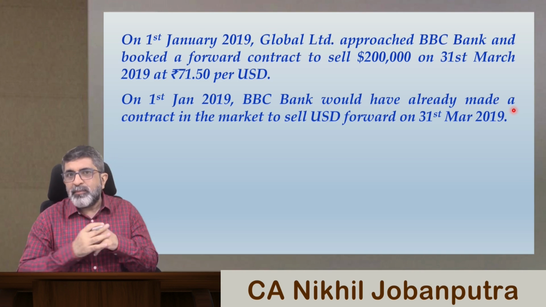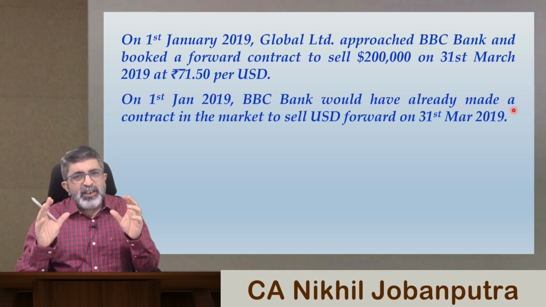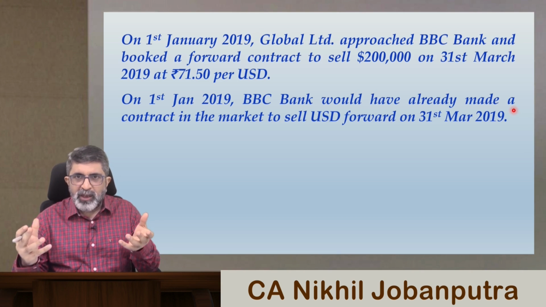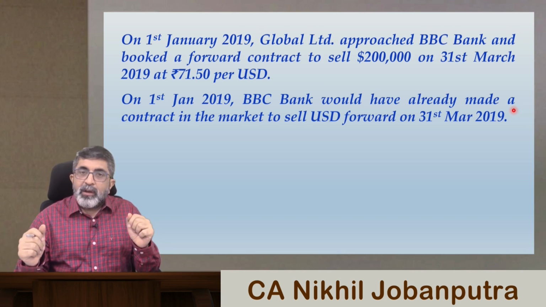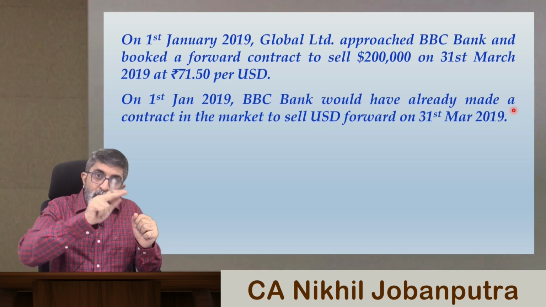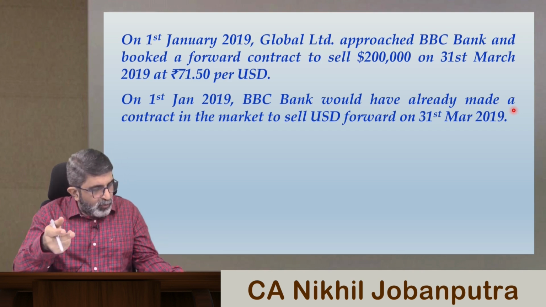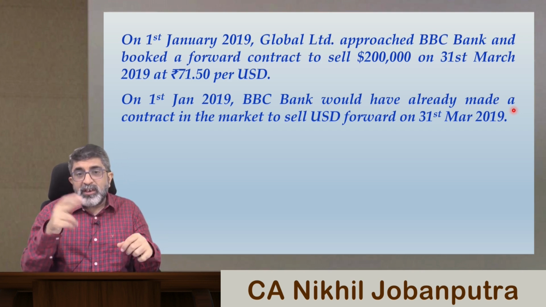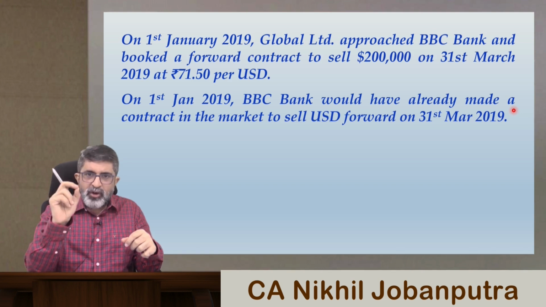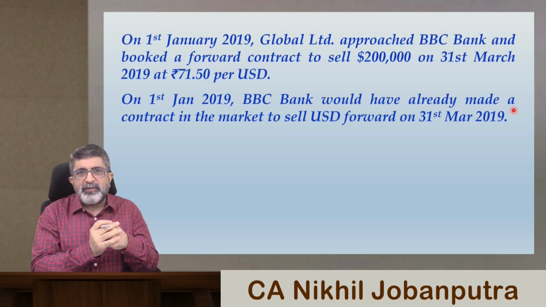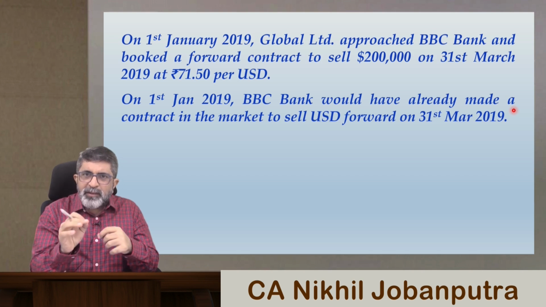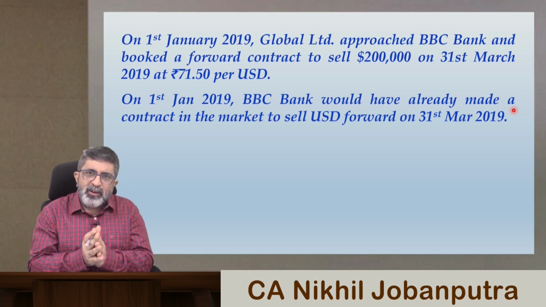Why are we assuming something like this? See, $2 lakh is not a small sum, okay, it's a big amount. If Global Limited is selling $2 lakh to the bank on 31st March at the contracted forward rate of 71.50, it is obvious that the bank is not going to hold that $2 lakh with itself.